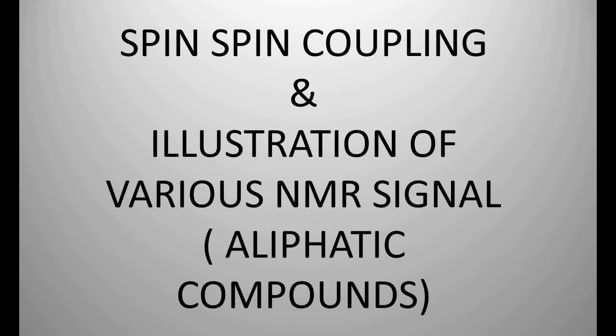These are the two parameters from which we get information about the structure of the molecule. So let me discuss spin-spin coupling, and thereby we can illustrate various NMR signals, especially first for aliphatic compounds.